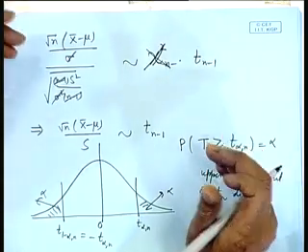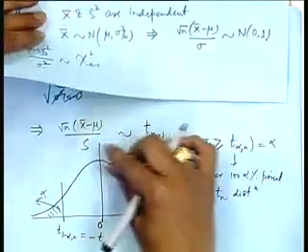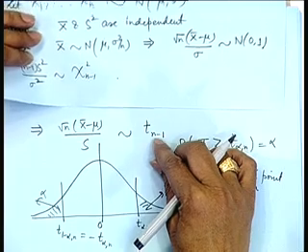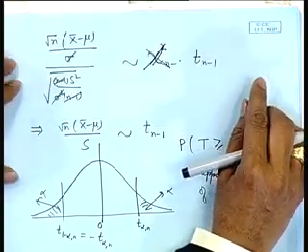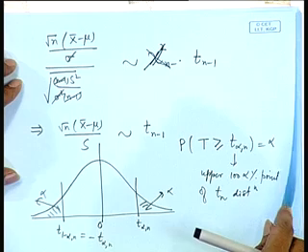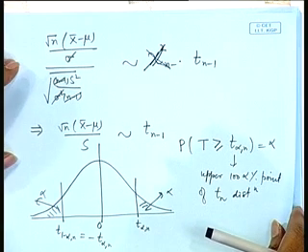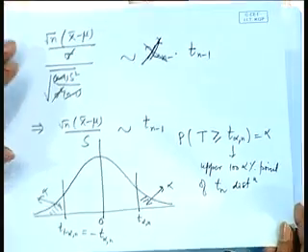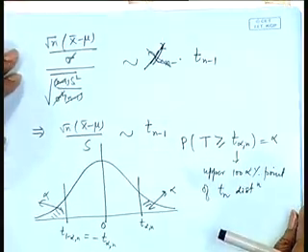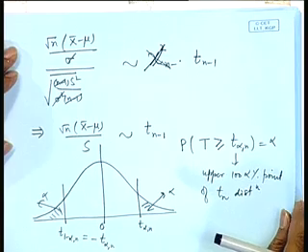And another thing I said, that if you replace sigma by s, then you have a t distribution. Here you have a normal distribution. This shows some sort of close similarity between t distribution and a standard normal distribution. Actually, it is true. In fact, we can prove that as n becomes large, the t distribution can be approximated by a standard normal distribution.